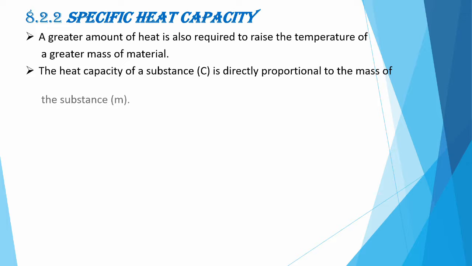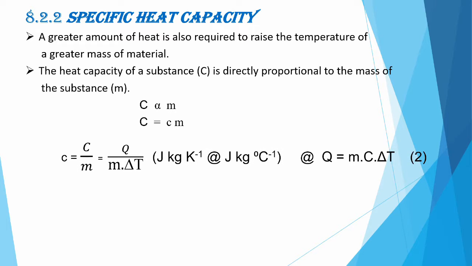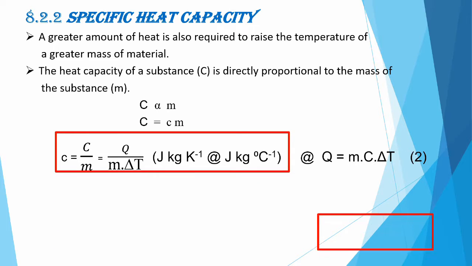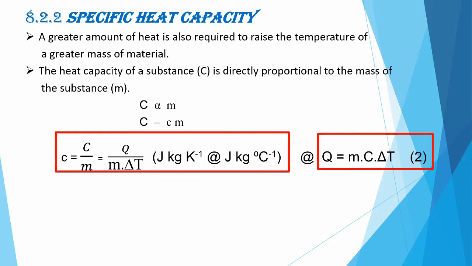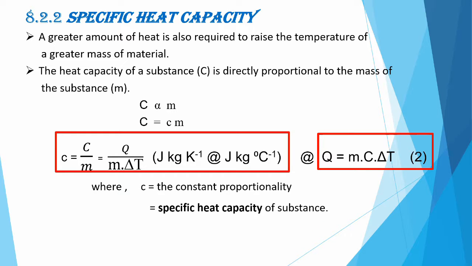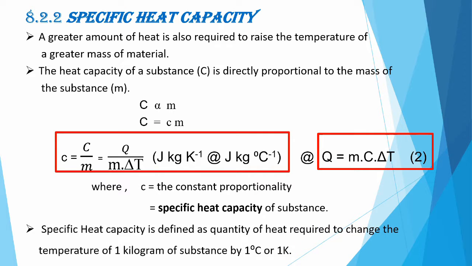Mathematically, heat capacity equals c times m, or c equals heat capacity over m, equals Q over m delta T, where c is the specific heat capacity of the substance. The SI unit for c is joule per kilogram per degree Celsius, or joule per kilogram per Kelvin. So, specific heat capacity is defined as the quantity of heat required to change the temperature of 1 kilogram of substance by 1 degree Celsius or 1 Kelvin.